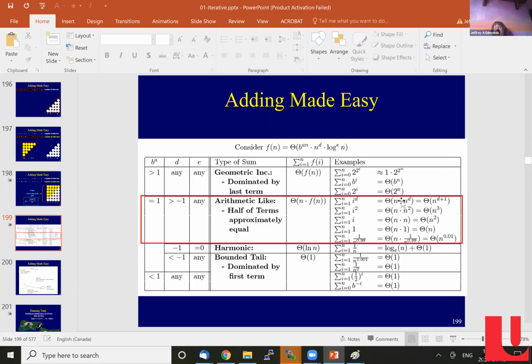The last number is 2 to the n, so it's within a constant of the last number. As long as you're summing up anything exponential, it's dominated by the last thing. Everybody follow that example?